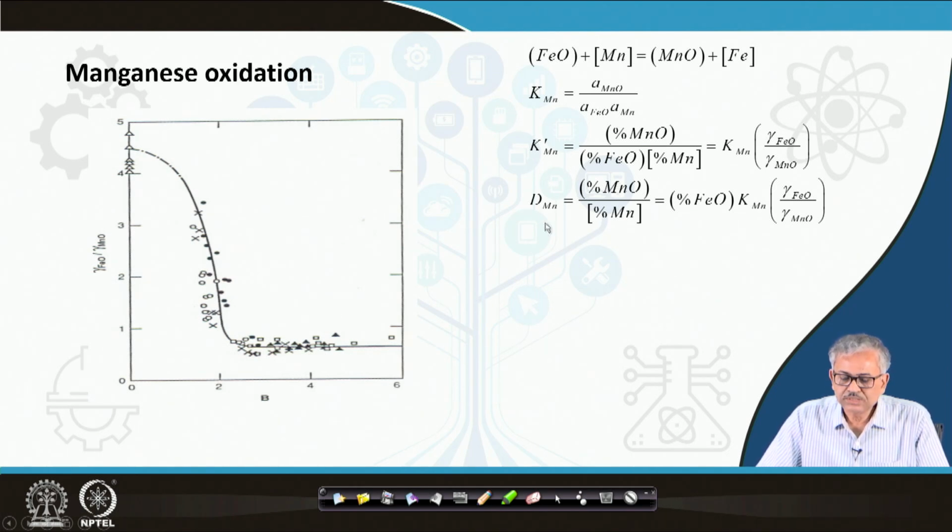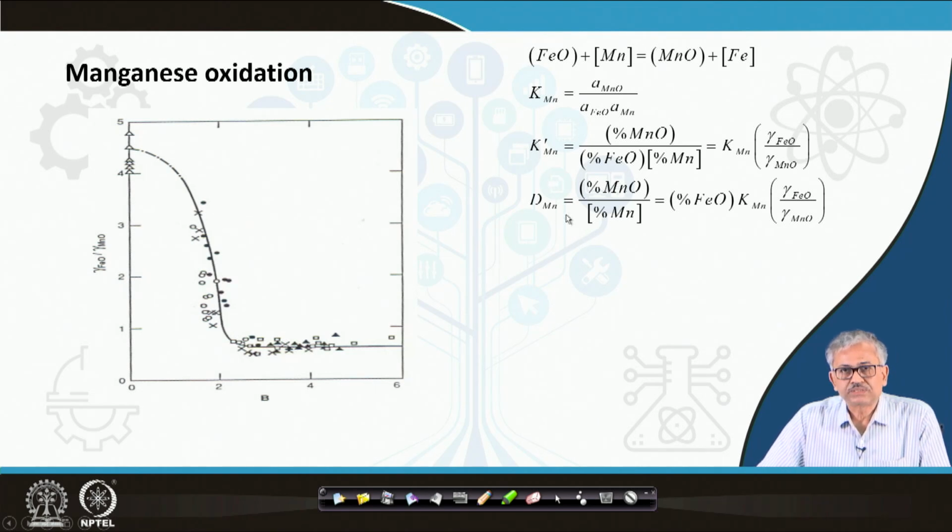So, at high basicity this value becomes very low, as a result dMn becomes low. So, if you decrease this value, this becomes low. So, partition coefficient becomes low. Partition coefficient low means the percentage of MnO in the slag becomes less and Mn in the metal becomes high. Okay. So, that is the way.